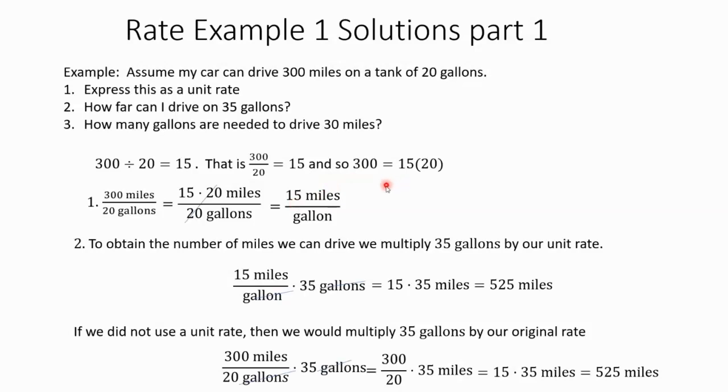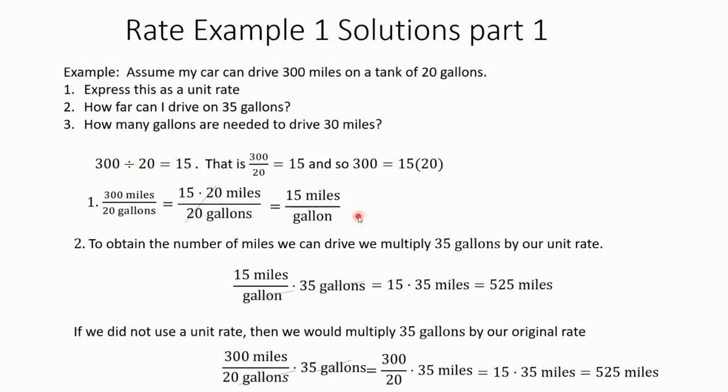So essentially what we did was we factored 300 to 15 times 20, and then the 20s cancel. So we get 15 miles per gallon. You could write a 1 here. You don't have to, but it's a unit rate now. Essentially, we just had to get the denominator to be 1. So I did it by factoring, which is based on dividing.